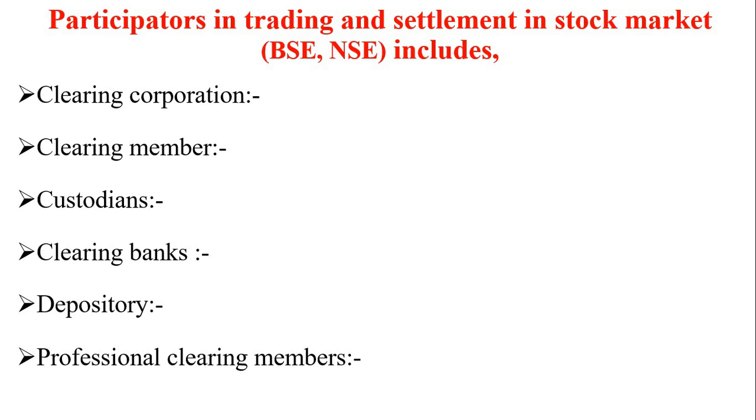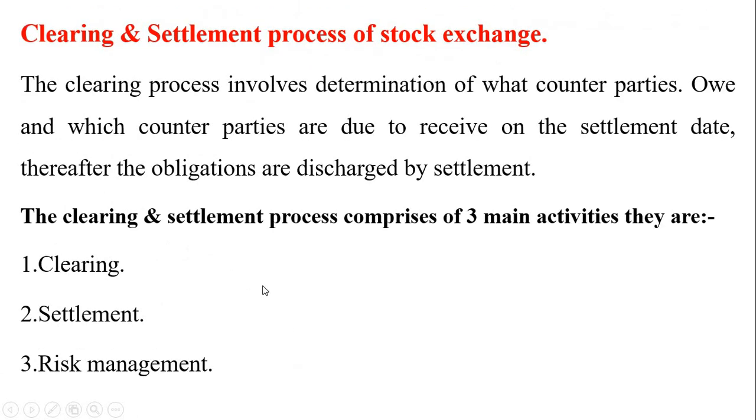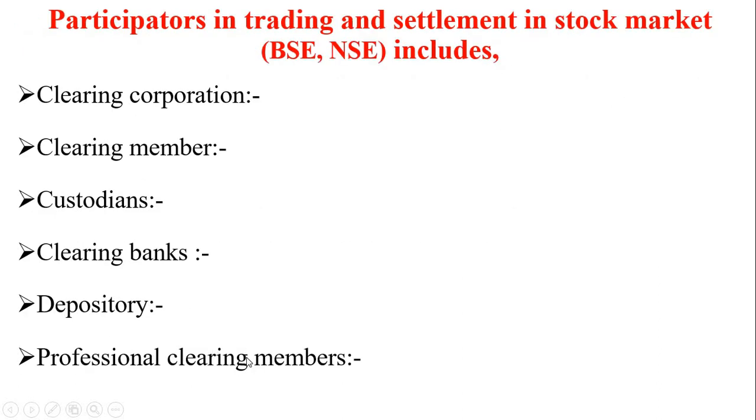Each clearing member is required to maintain a clearing pool account with the depository. Examples are NSDL or CDSL: National Securities Depository Limited and Central Depository Services Limited. Finally, professional clearing members.